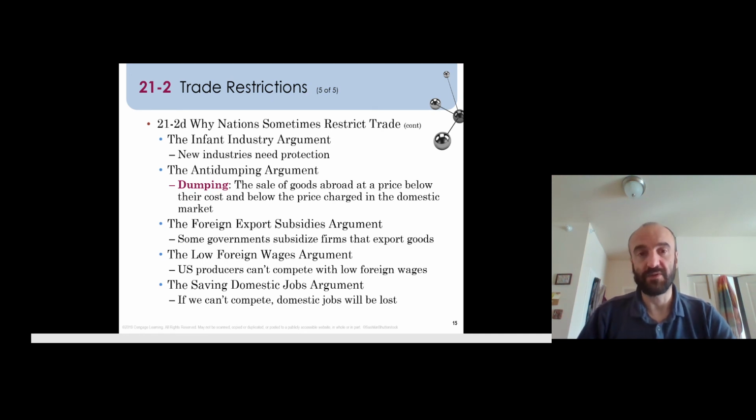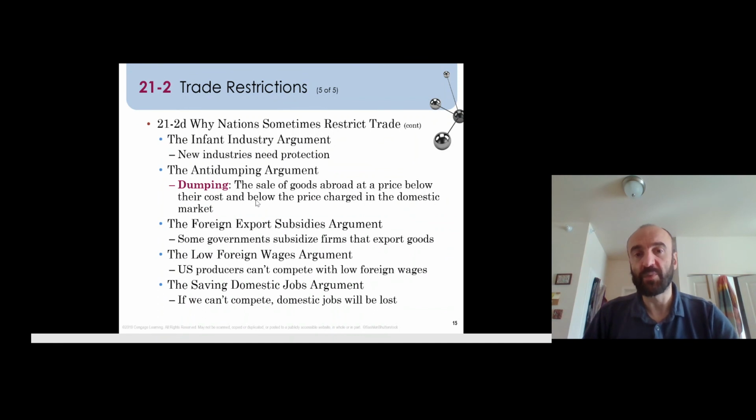Anti-dumping argument. That's very often used. So what is dumping? It is selling goods in foreign countries at lower cost than the cost of production or below the price charged in the domestic market. So now what is the argument behind this? I will direct you to the article that I posted, where many of these arguments are covered.